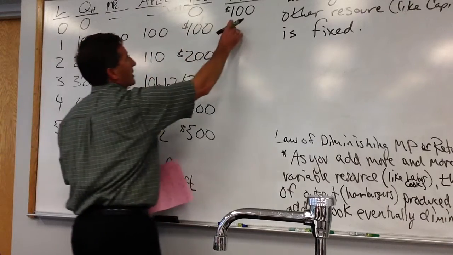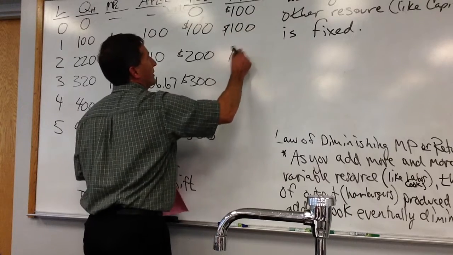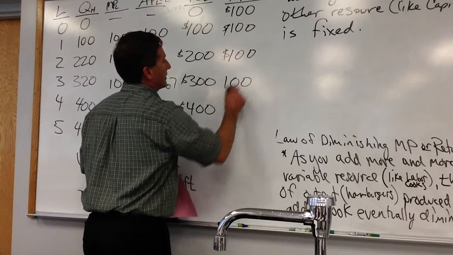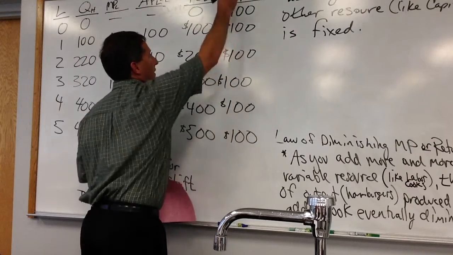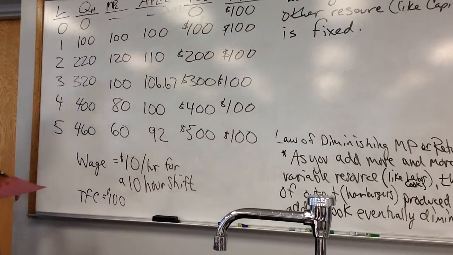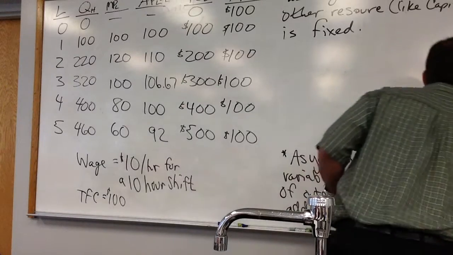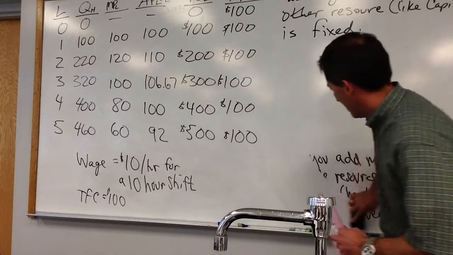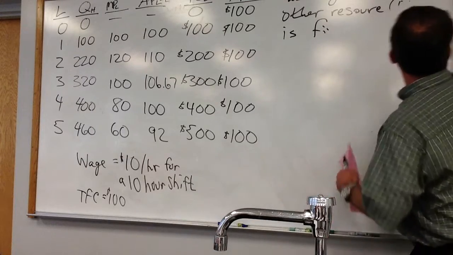If I make 100 hamburgers, how much is my fixed cost? 100, 100, 100, 100, and 100. So as we look down the list, my total fixed costs don't change.